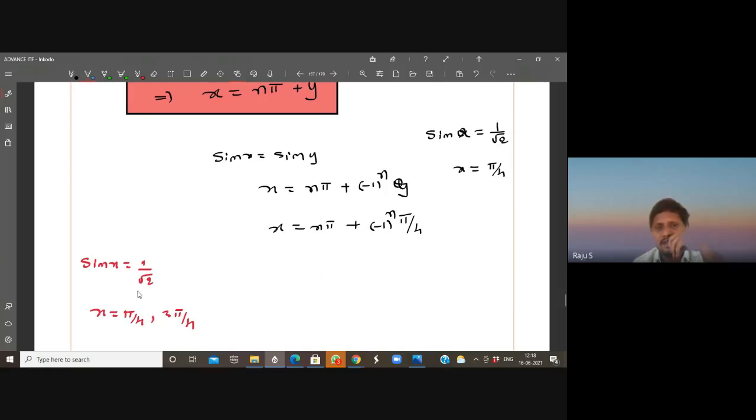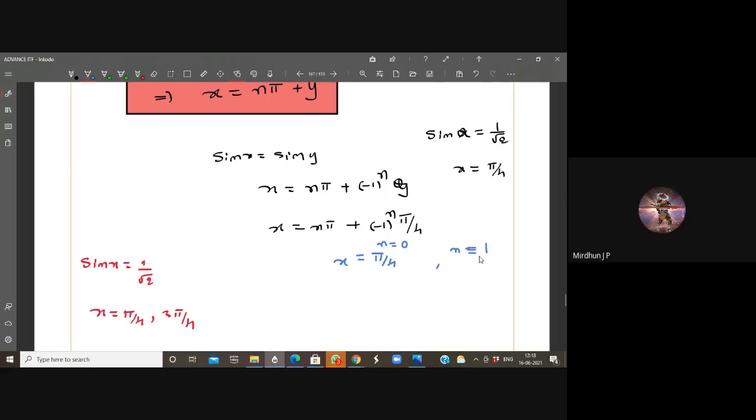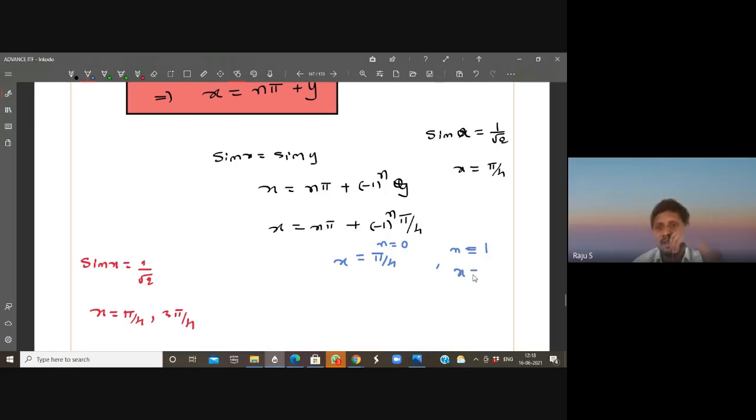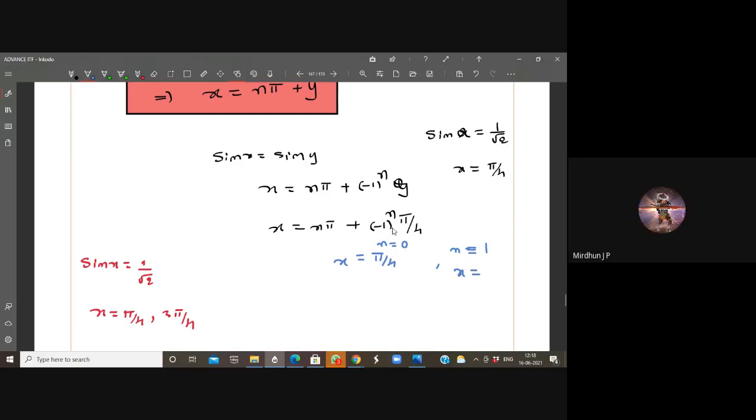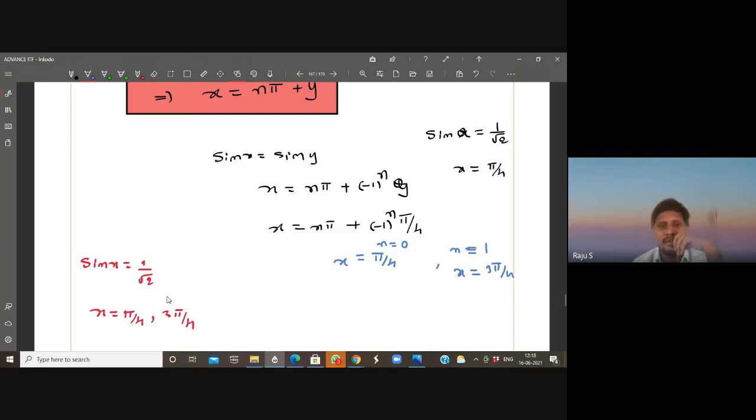When n is equal to 0, x is 0 into pi plus minus 1 whole power 0, which is 1. Now we are getting pi by 4. When n is equal to 1, x is pi plus minus 1 whole power 1, nothing but pi minus pi by 4, that is 3 pi by 4. Got it?